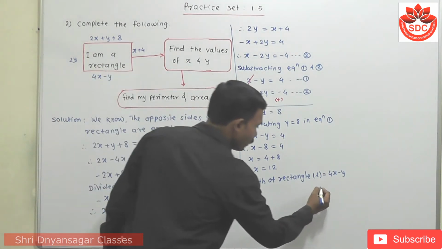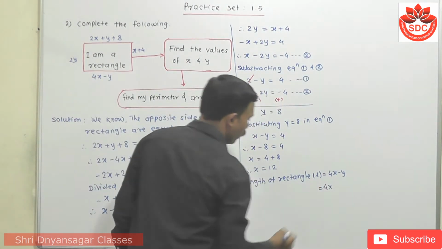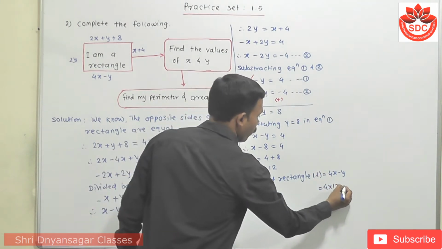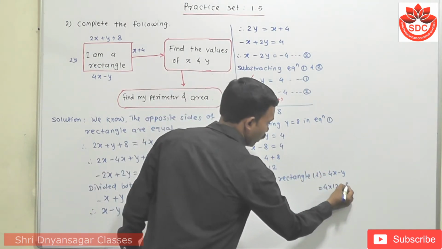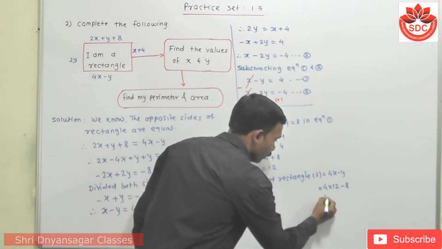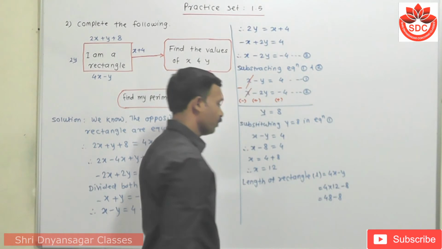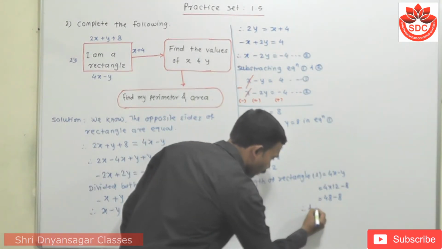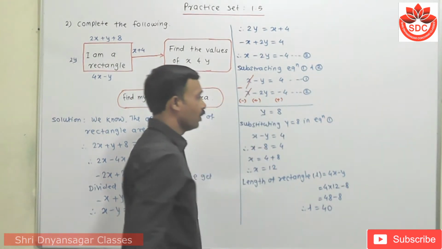Substitute these values. 4 into x is 12, minus y is how much? 8. 12 fours are 48 minus 8. The subtraction becomes how much? 40. Means that the value of L is equal to 40 units.